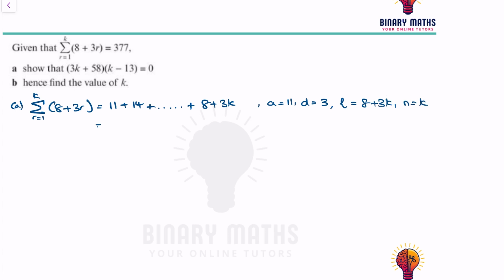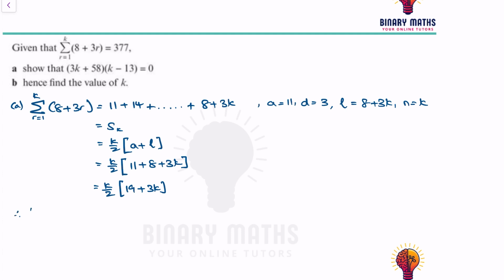So it's the same thing as working out S of k, which is equal to k over 2 times a plus l, which is equal to k over 2 times 11 plus 8 plus 3k, which is equal to k over 2 times 19 plus 3k. I can't divide inside the bracket by 2, so what I do know is this must be equal to 377.